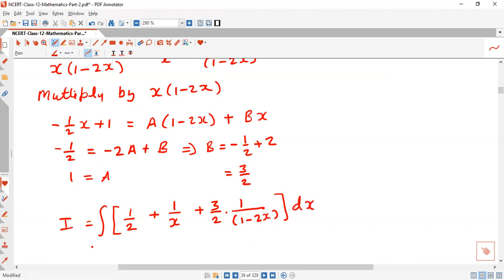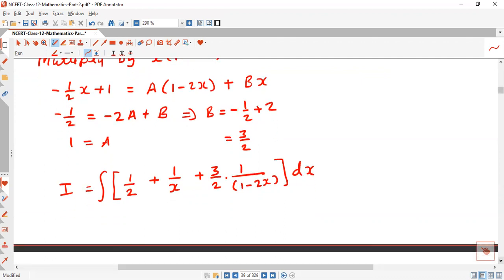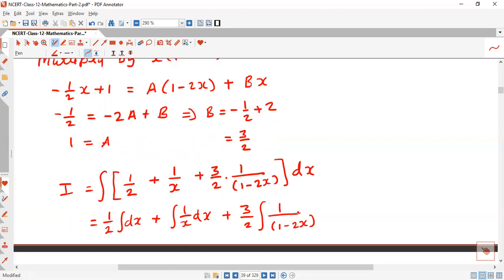Before integrating, I will separate all the terms: half integration of dx plus integration of 1 upon x dx plus 3 by 2 integration of 1 upon 1 minus 2x dx.